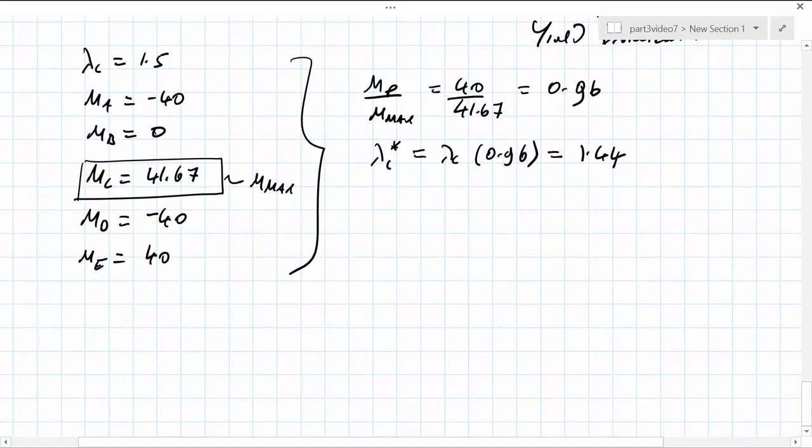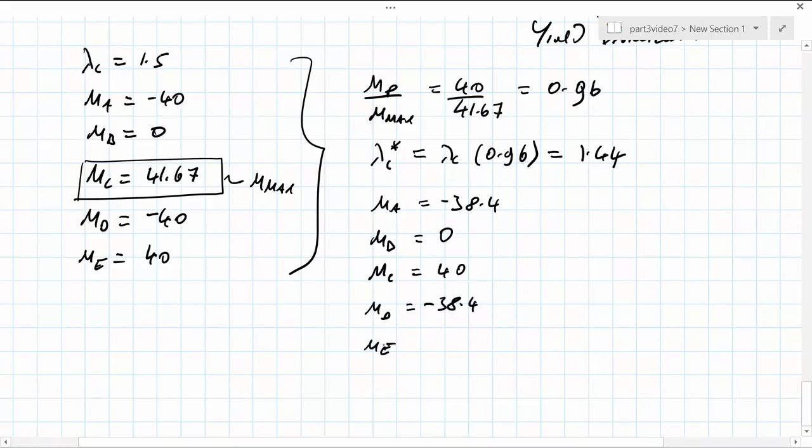The new moments then are MA equal to minus 38.4, MB equal to 0, MC equal to 40, MD equal to minus 38.4, and ME equal to 38.4.